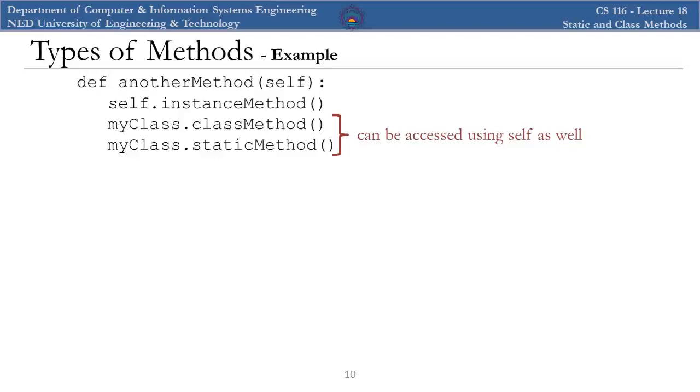They are not instance dependent, or you can say they are instance free. So it doesn't matter how you call them. You can call them using the class name, you can call them using self, but it's better to call them using the class name. But for an instance method, you do not have any alternate choice. You always call them using the self dot operator.